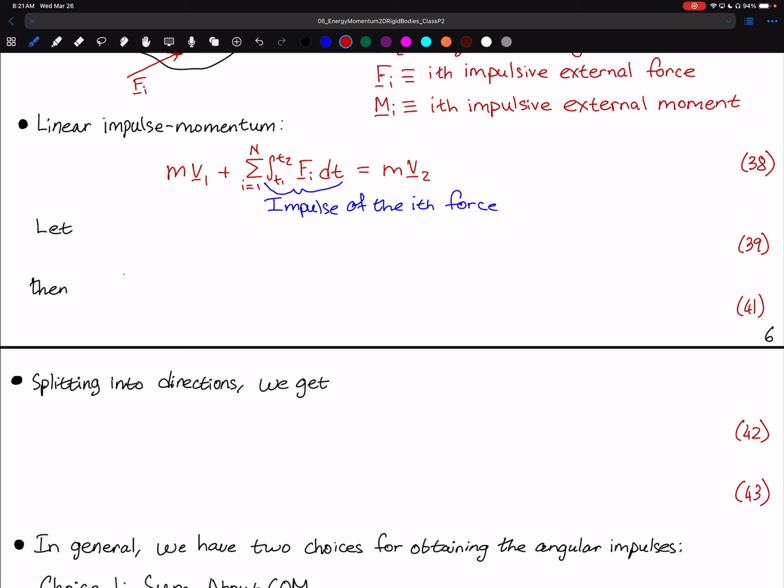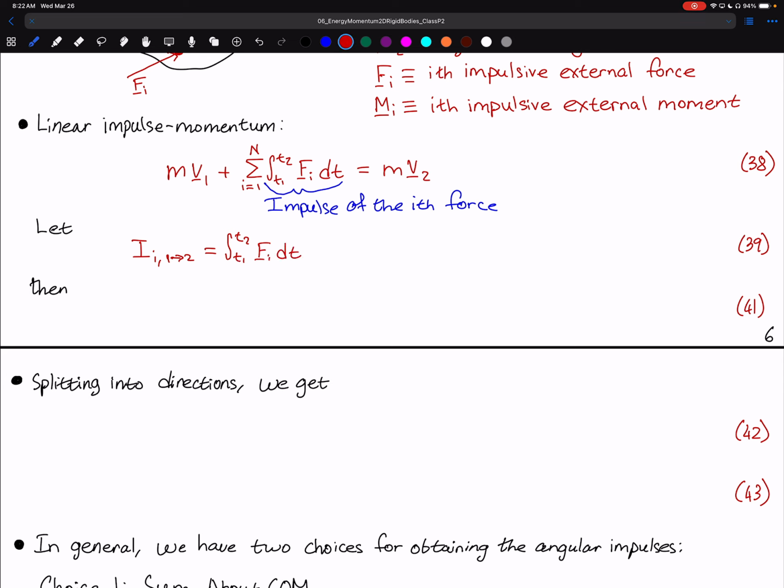We've previously used a capital I to represent impulse, so we're going to do the same thing here. We're going to say that capital I sub i from 1 to 2 is our impulse, or the integral from t1 to t2 of Fi dt.